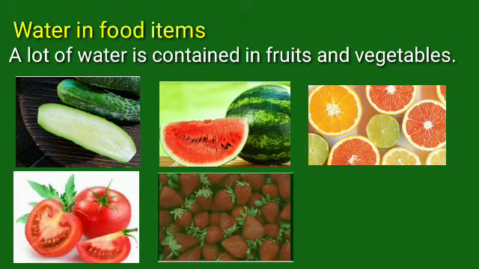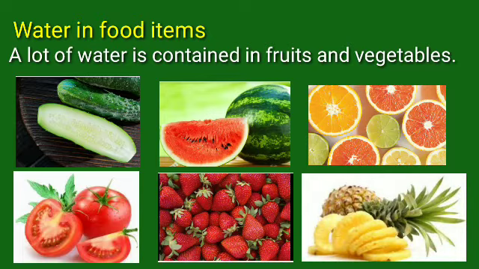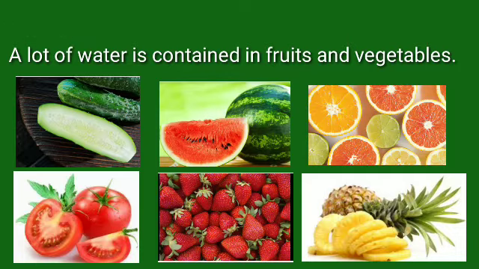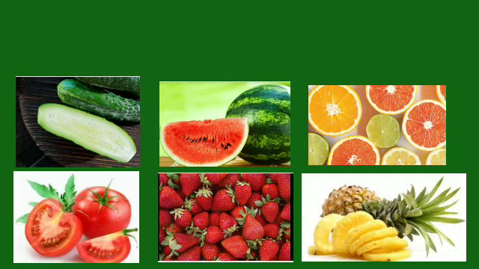Tomatoes, strawberries, pineapple. So in these you will see a lot of water is contained, right? Not only these, there are other things. Can you name it? Yes, bottle gourd, papaya. So all these have lot of water.